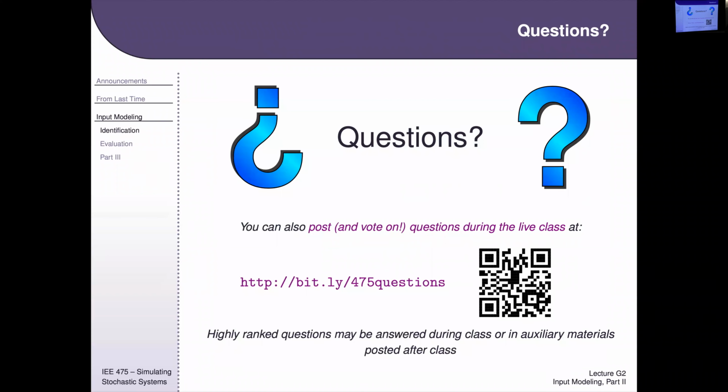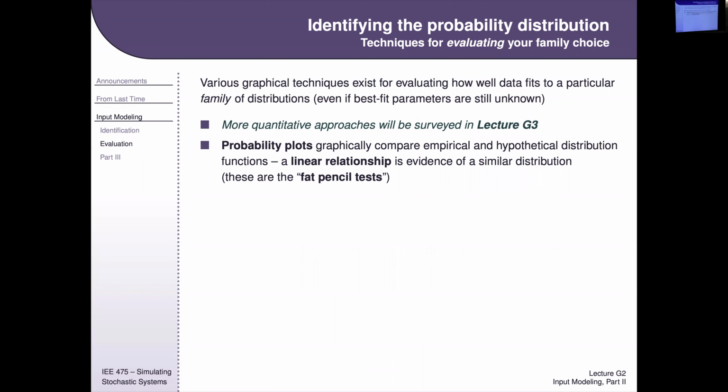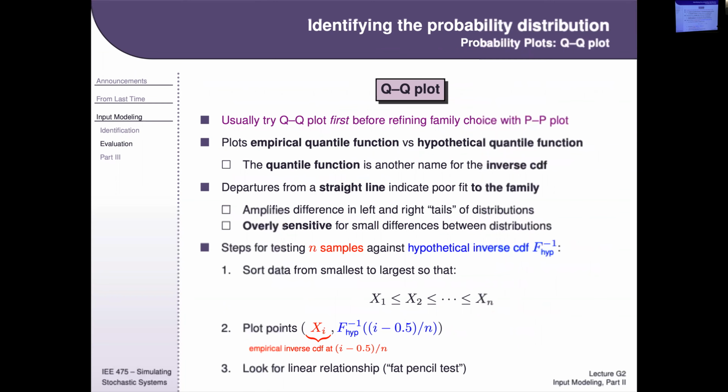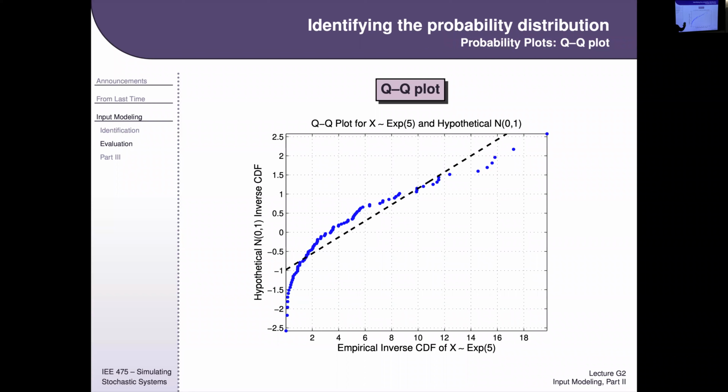All right, we might have to wrap this up a little bit next time since we only have a couple of minutes here. But just to give you an idea of where we're going with this, once you've picked that distribution, and I'll go over all this next time, we're going to be doing QQ plots and PP plots, which are a qualitative way for you to plot your data against your hypothesis and to see visually if those things line up or if they're a bad match for each other.